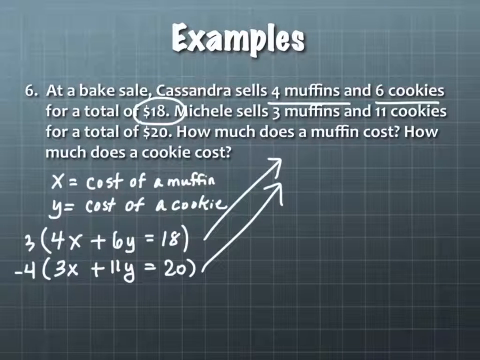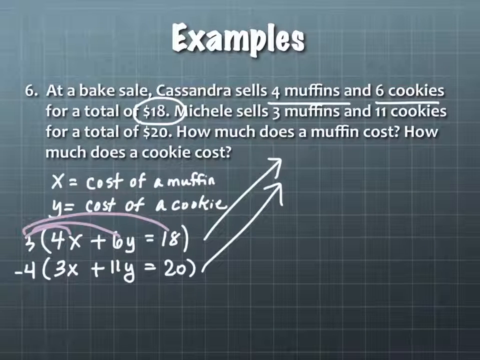All right, if I multiply this, I have to distribute, agreed? And I have to distribute to all three values in this equation, the 4x, the 6y, and the 18. So on the first one, I get the 12x, because that's what I was going for anyway. What do I get for y? 18y. And what goes on the right-hand side of the equation? I think it's 54. It was equals 18, not equals 8.